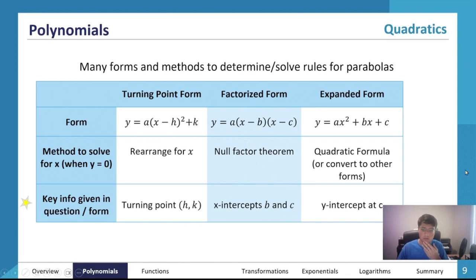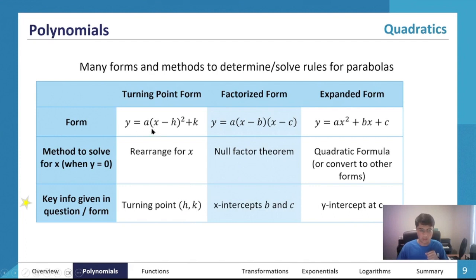But this table gives us the different forms of quadratics and also shows us what information we can take away from it, which is especially important when we're sketching the question. So I've labeled that row with a little star here. With the turning point form, it looks like this. And the info that it gives us at face value, just looking at the equation, is the turning point, which is at the coordinates h and k.